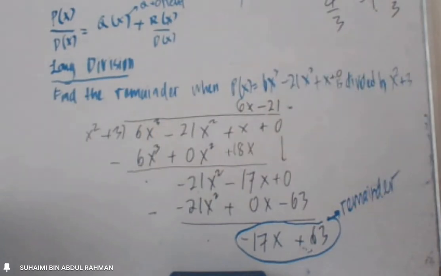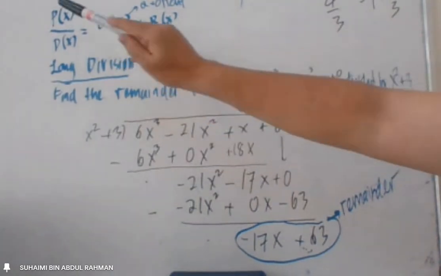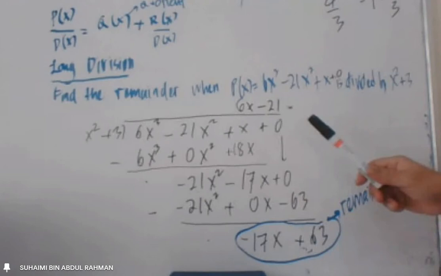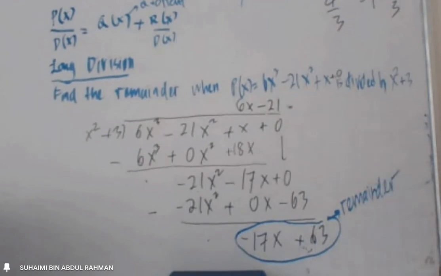What is the divisor? x squared plus 3. And what is p(x), the polynomial? 6x cubed minus 21x squared plus x plus 0. Even though we don't have it, we write plus 0.